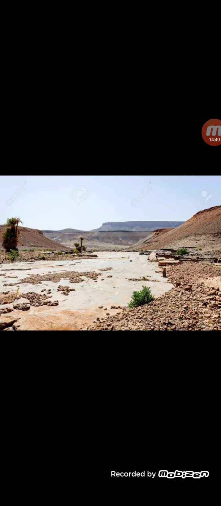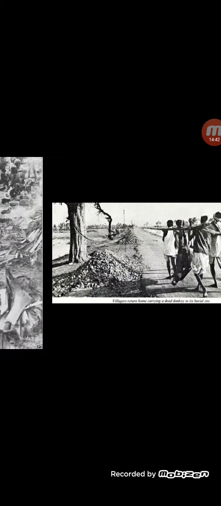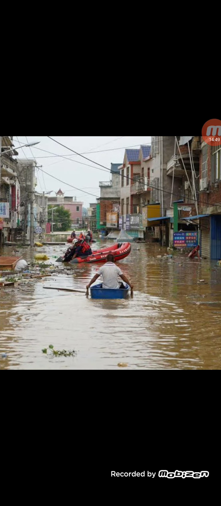See, during floods, see what kind of problems they are facing at the time of floods. Drink boiled water and eat fresh food items. Keep your food covered and don't eat heavy meals.